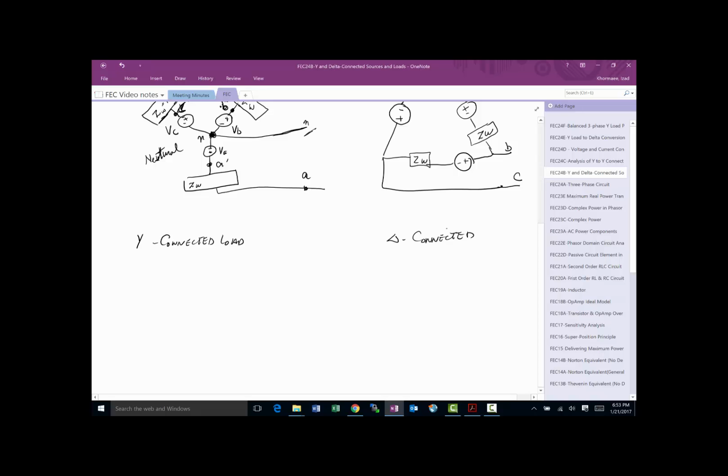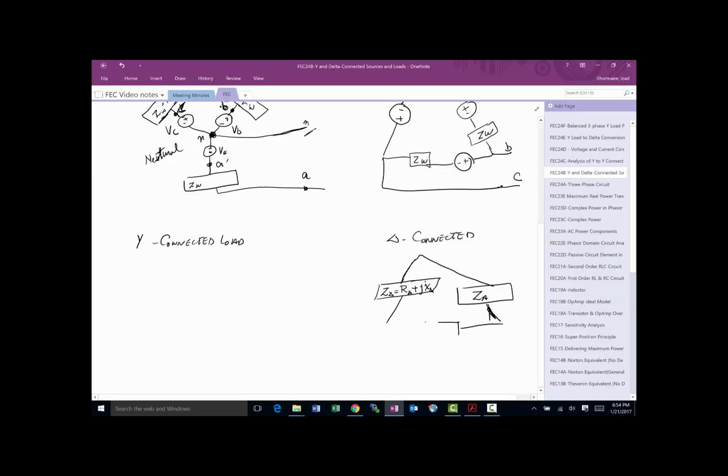Now, again, the idea is more or less the same. And again, if you want to have a balanced circuit, they better all be the same. So we usually refer to it as Z delta, and then we represent it as some R value of load plus some J times some reactive part of the load, and then you have another Z delta here, which is exactly the same as that one.